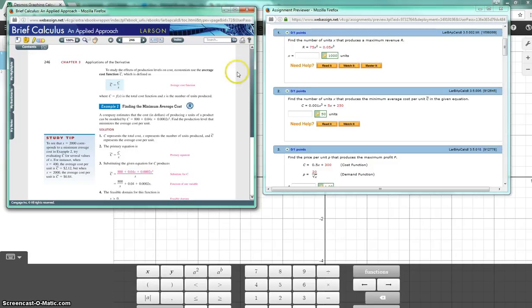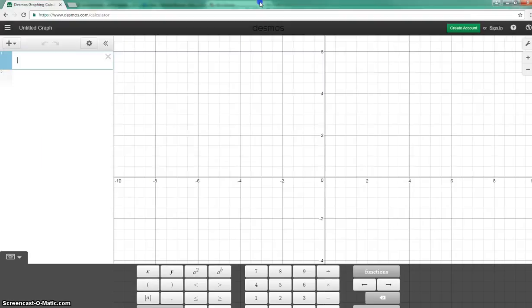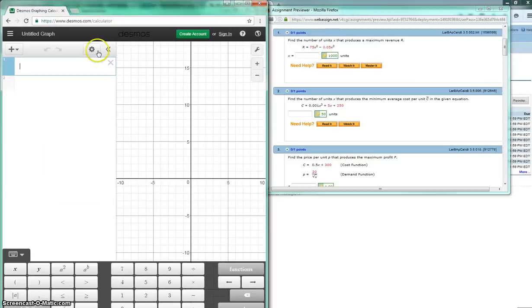And so if I was looking at this one, and I wanted to find the minimum average cost, I could put in my function. Well, this wouldn't really be my, oh, I could do it this way. And that equals 0.001 x cubed plus 5x plus 250.